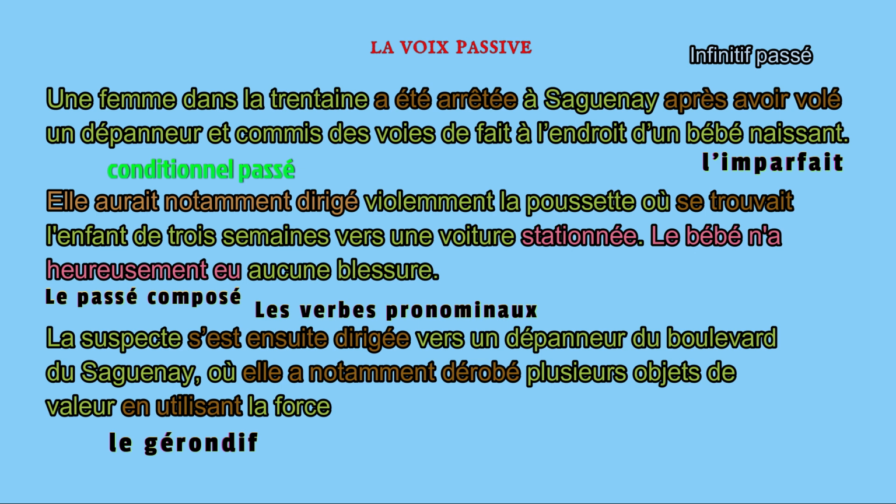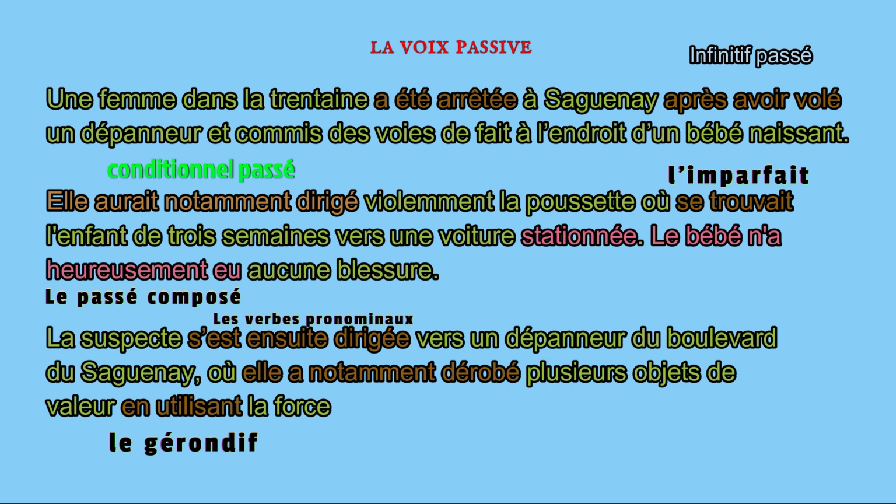Okay, so next one, what do we have? Elle aurait notamment dirigé. This is a conditionnel passé. We use past conditional in situations where allegedly something must have happened according to the news, according to the witness statement, etc. In that case, we have to use conditionnel passé.